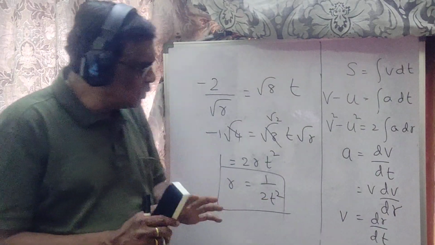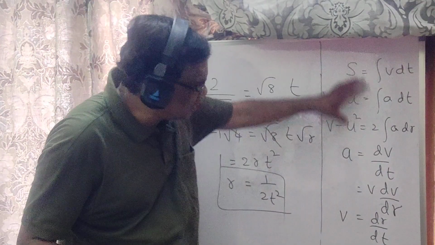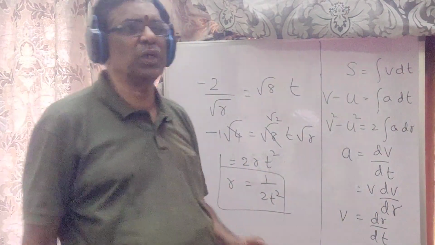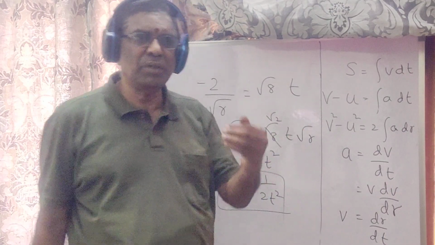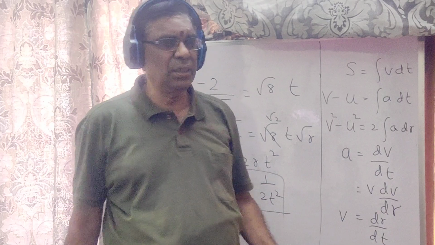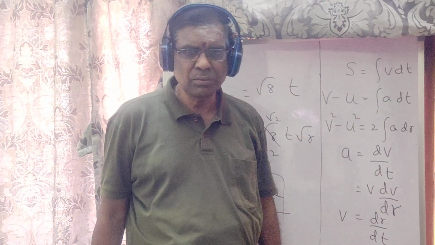In fact, you may come across any number of problems, but the equations that you'll be using are only three. Never get carried away with what the book gives. Now the book gives, in the name of shortcuts, a formula for everything. What do you mean by shortcut? Ridiculous.